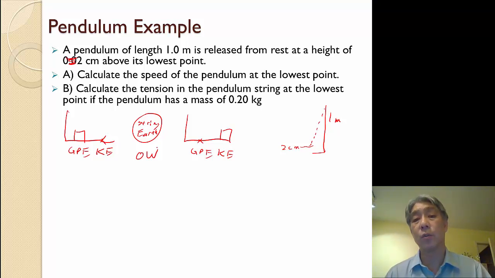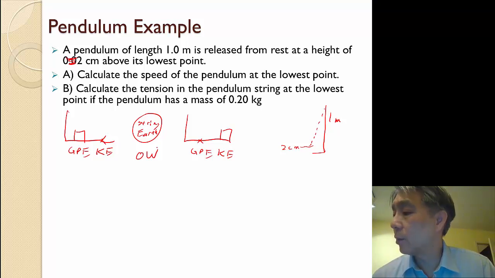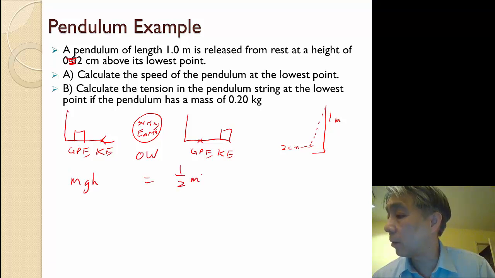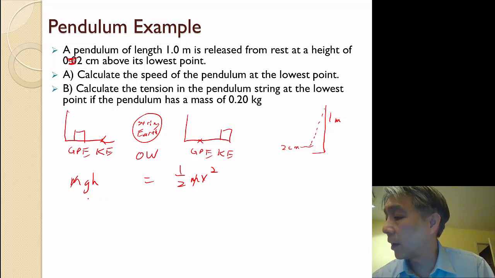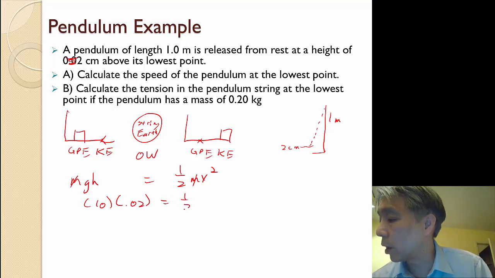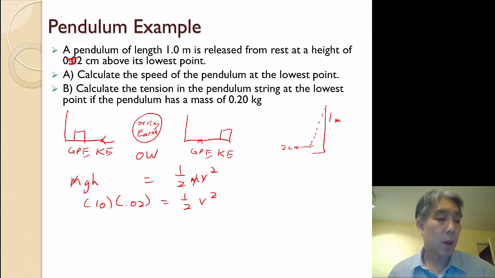Gravity is internal to my system because Earth is part of my system. So I can now do some calculations. mgh in the beginning is going to equal 1/2 mv squared. I can cancel my masses again because I didn't give you that. And I find out that I have 10 times 0.02 meters, that's going to equal 1/2 v squared.